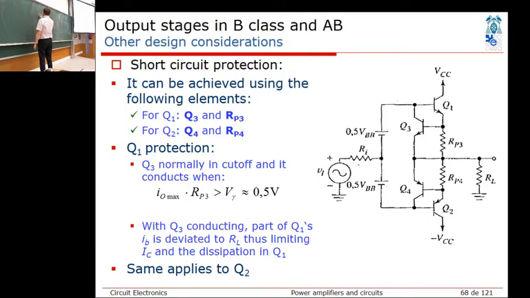If you have the IB here, you start to draw some of that IB down this way. So it reduces the amount of current flowing through Q1. So that actually protects Q1 from thermal runaway. The same thing also in PNP. Okay, that's smart.